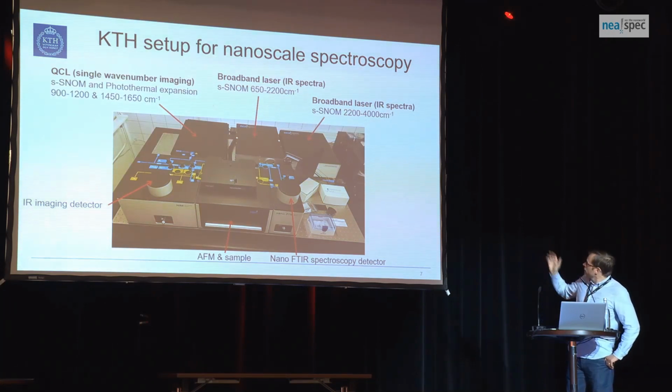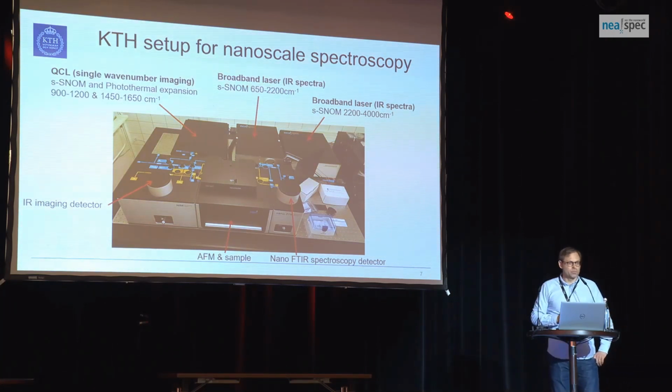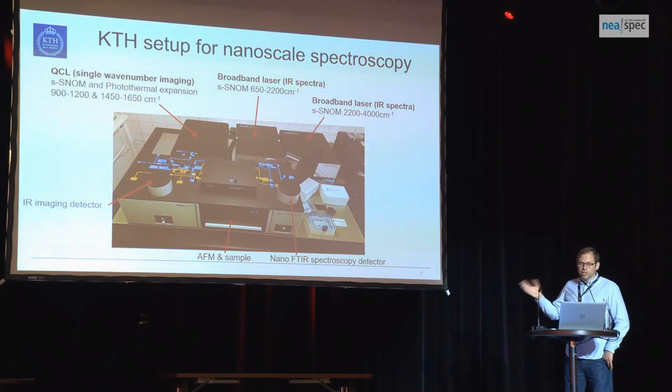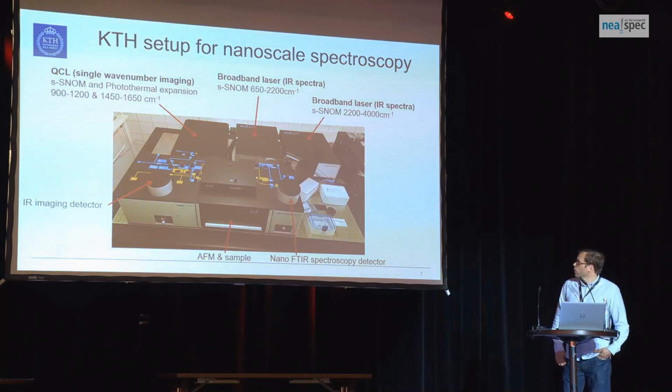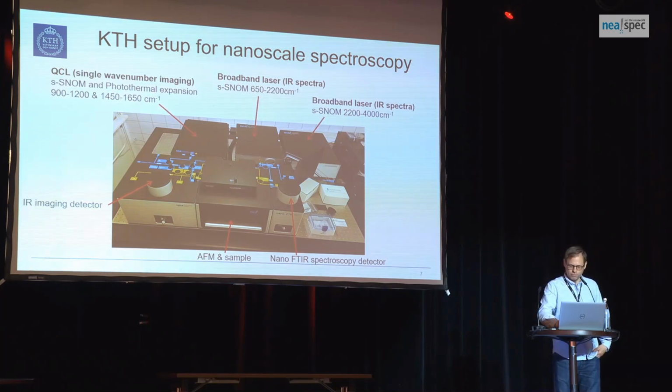And we also have this last laser going from around 2200 up to 4000. It's not like a synchrotron, but still we can cover quite a large range from 650 up to 4000 wave numbers, although we have to do it in steps, of course. This is the instrument we have used in the studies I will come to.